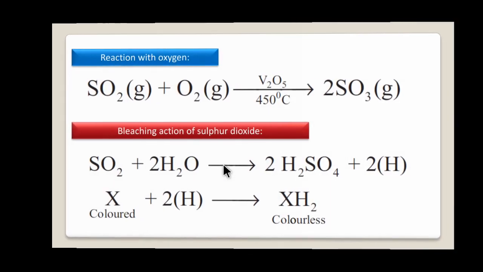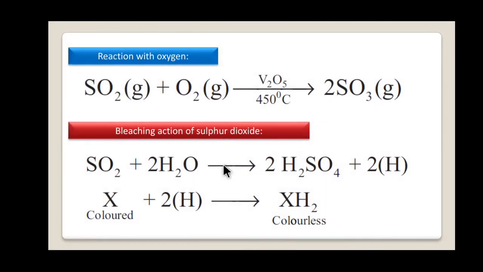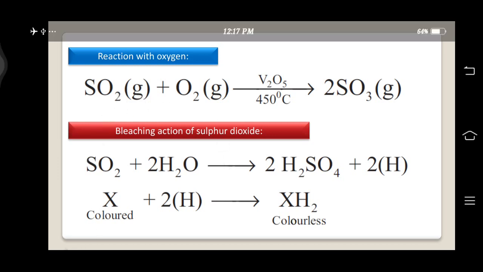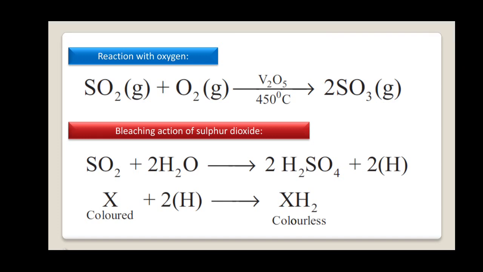And next, reaction with oxygen, where sulfur dioxide is oxidized to sulfur trioxide upon heating with oxygen. This reaction is used for the manufacture of sulfuric acid by the contact process. The condition is vanadium pentoxide at 450 degrees Celsius.